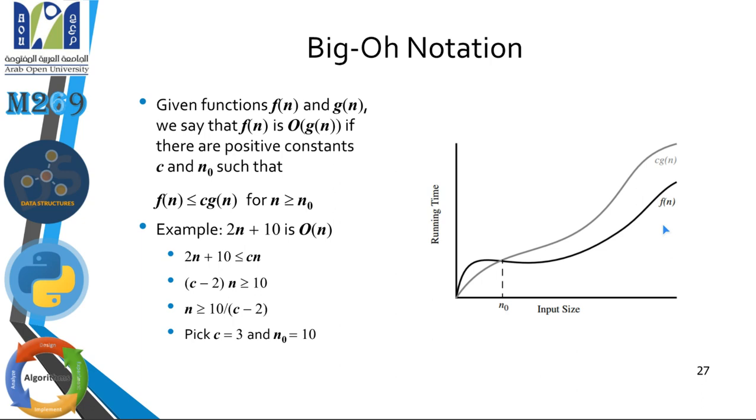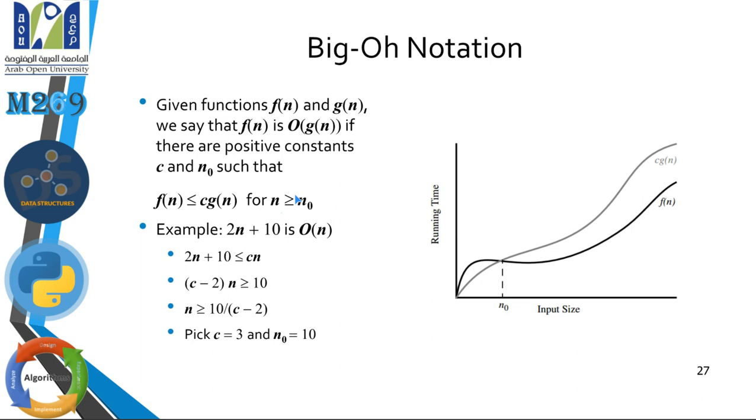Now, what do we mean by the complexity? Let's say you have two functions, f(n) and g(n). We say that the function f(n) is O of g(n) if there are positive constants c and n0, such that g(n) multiplied by the constant c is greater than f(n) for all values of n greater than n0.